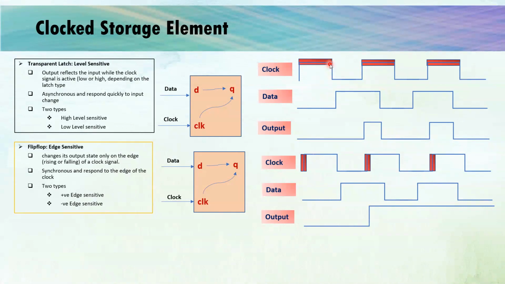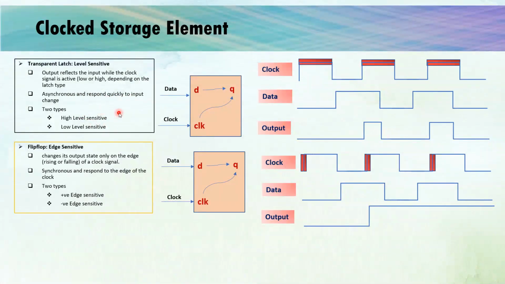In the same fashion, there are other kinds of latches which are transparent when the clock is low. So there are two types of transparent latches, high level sensitive and low level sensitive, and both of them are asynchronous and respond quickly to input changes.